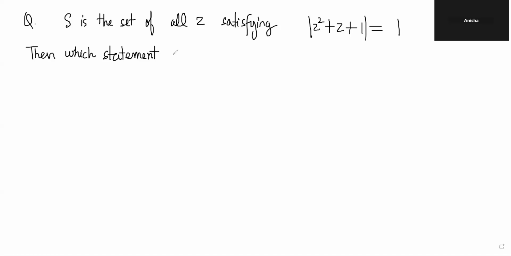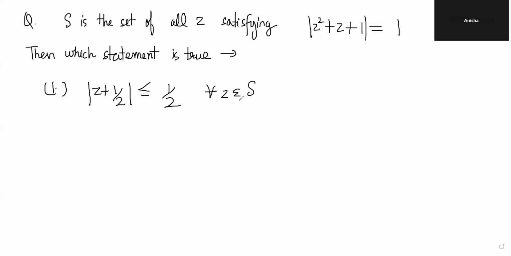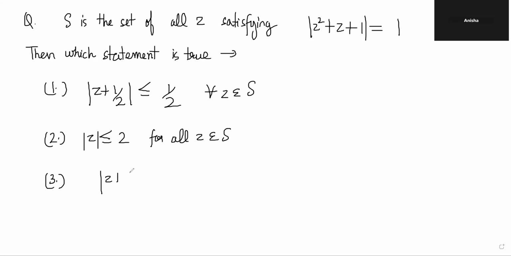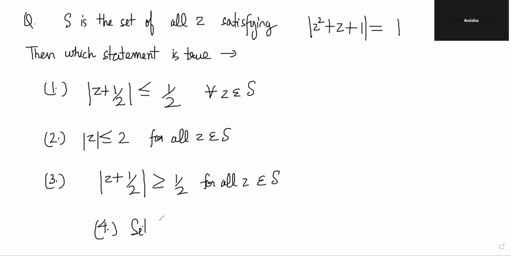Mod of z plus half is less than or equal to half for all z belongs to S. Mod of z is less than or equal to 2 for all z belongs to S. Mod of z plus half is greater than or equal to half for all z belongs to S. And the fourth one is set S has exactly 4 elements.